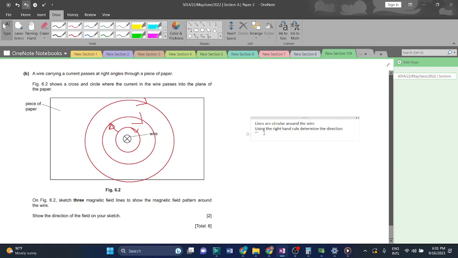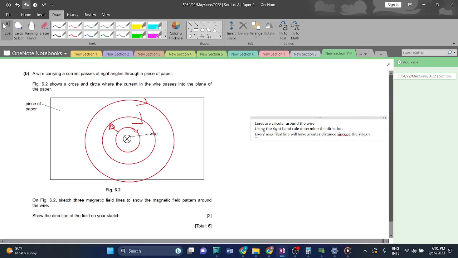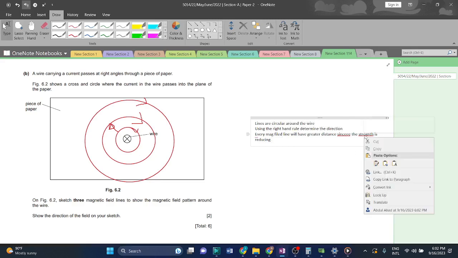And the third one will be every magnetic field line will have greater distance since the strength is reducing, बस ये लिख दें as the strength is reducing.